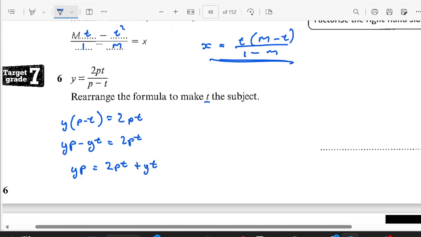I'm going to factorize, so yp is going to be equal to t open bracket 2p plus y, and then I'm going to divide both sides by that, and I'm going to write my t first, so t is going to be equal to yp all divided by, and I'm not going to bother multiplying out that bracket, 2p plus y.